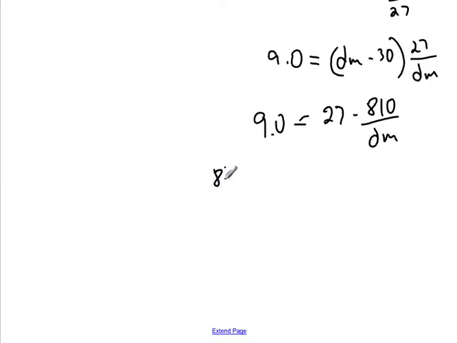So we're going to have 810 over dm plus 9 equals 27. That's the way I'm choosing to do it. You could have done it a different way. Kaylin, what do I do now? We had this plus 9. I've got to get rid of the plus 9 first. Yeah, let's subtract 9 on both sides.